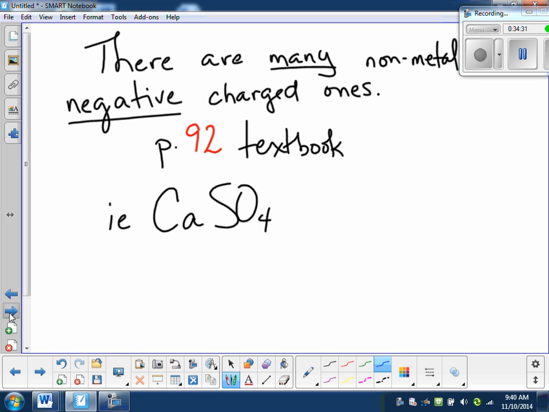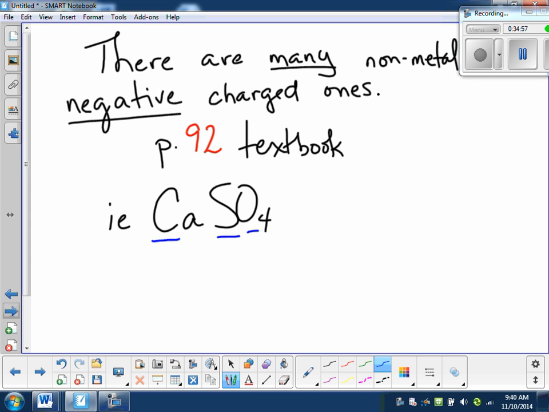Here we have a metal and then a non-metal chunk. But how do we know that we've got more than 2 elements? What's the first thing that should show us that? Good. How many capitals are there here? 3. There's 3. We've got 1 element, 2 elements, 3 elements. So right away it should realize this is not just a simple binary element. Okay?